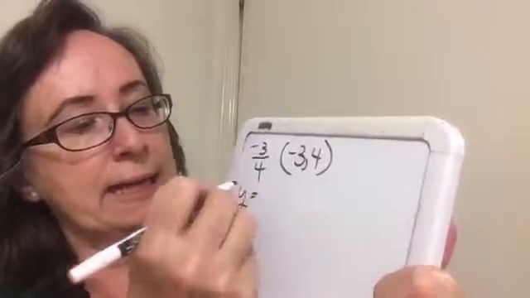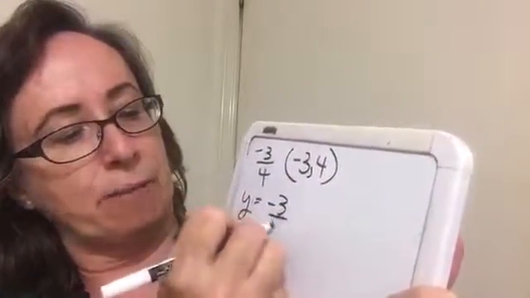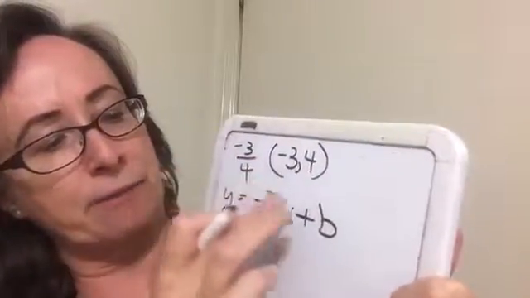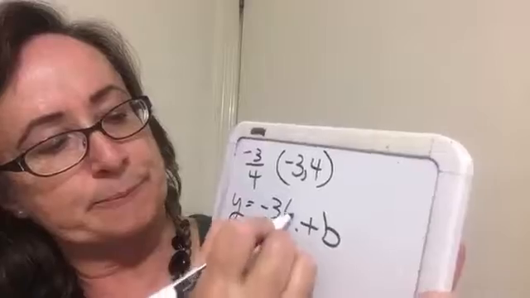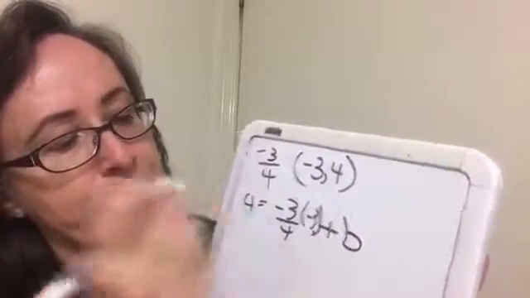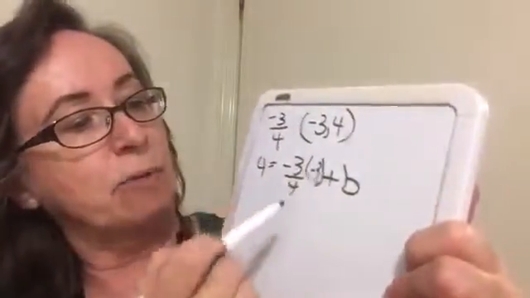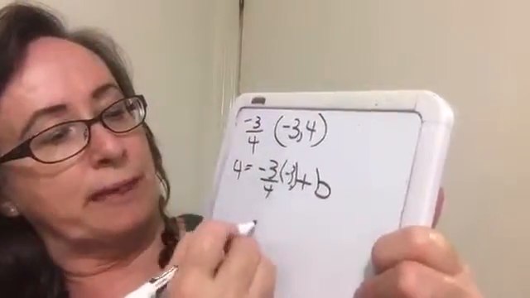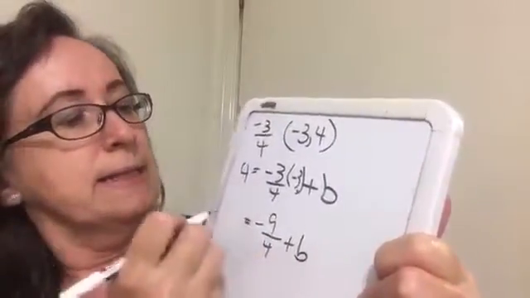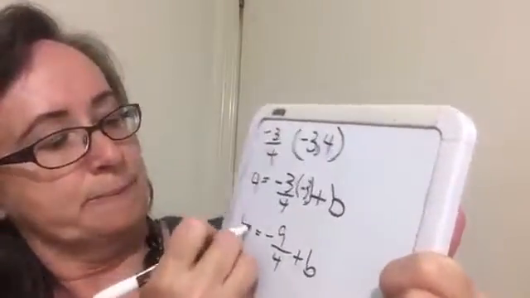So y is -3/4 x plus b. If I plug in -3 for the x, and I plug in 4 for the y, then I'm going to end up here with -9/4 plus b is 4.